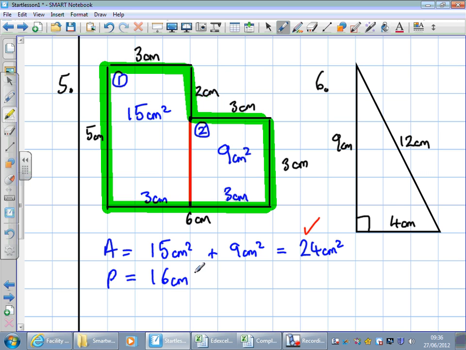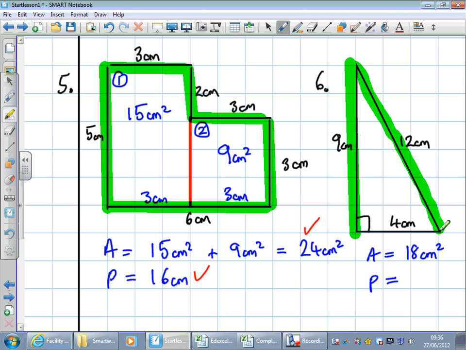And even if you didn't get it, let's just go through this. The area of the triangle, base times height, 4 centimeters times 9 centimeters, 36, halve it, 18 centimeters squared. And the perimeter, the distance round the shape, 9, add 12 is 21, and 4 is 25. Did anybody in the audience get it? Yes, miss.